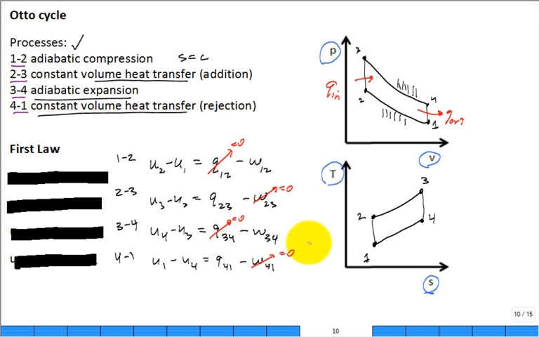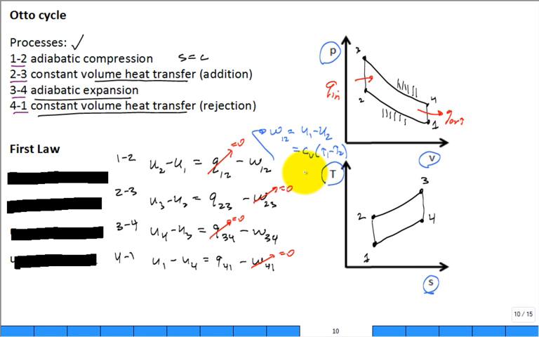That's right. So at this point, some people did this. They said, oh, I know what work 1-2 is. From here, they're able to say work 1-2 is equal to U1 minus U2. But make sure that we don't introduce a negative sign error. We have to do that correctly. Okay. Somebody says you're doing a cold air standard analysis. I can replace the delta U by Cv (T1 minus T2).